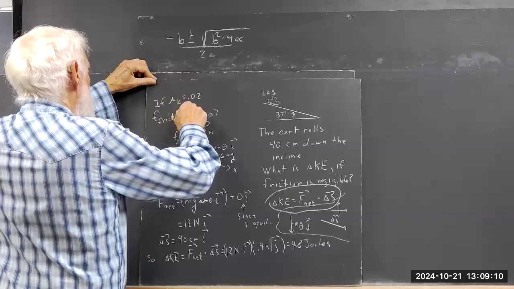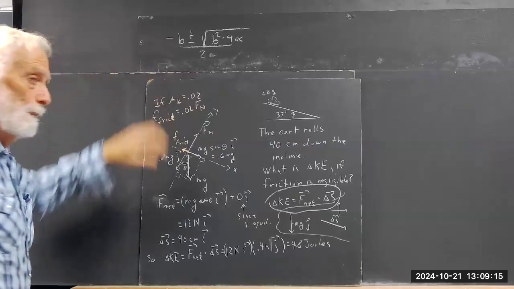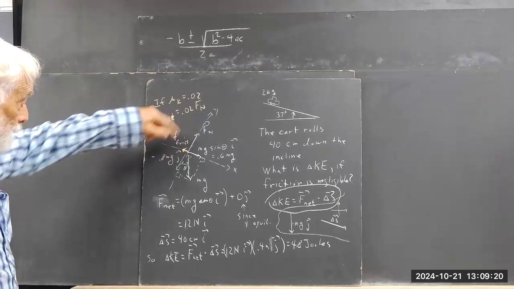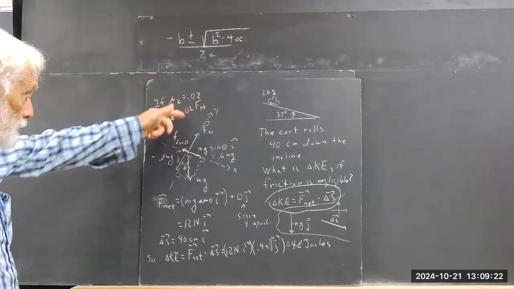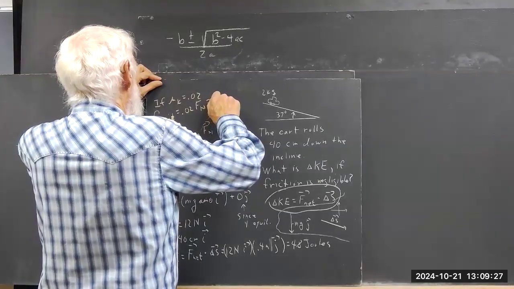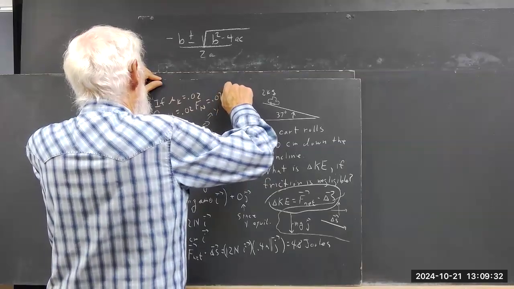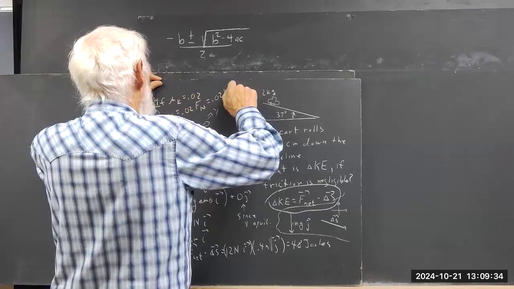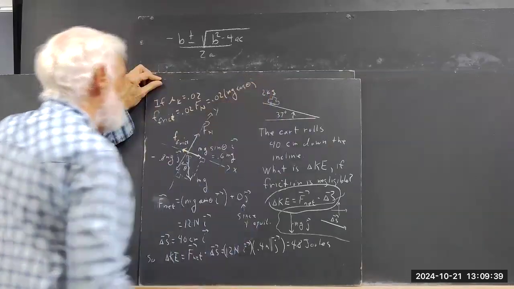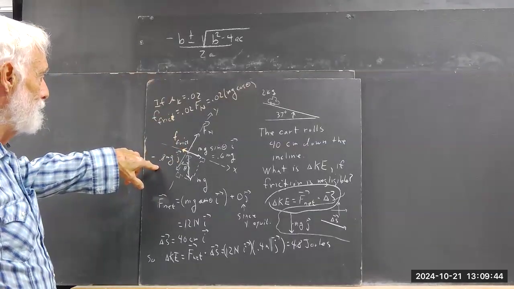The force of friction is 0.02 times your normal force. Okay. What's your normal force? Well, it's equal and opposite to the component of gravitational force here. So here's your mg cosine theta.